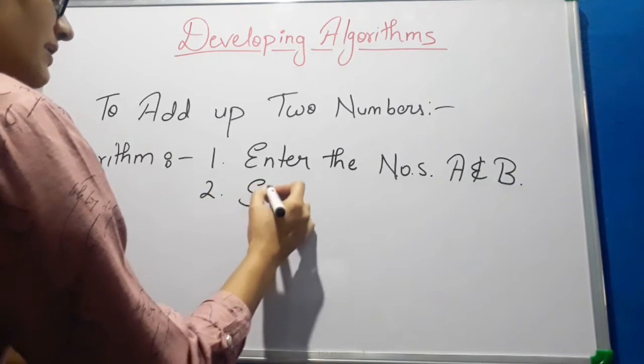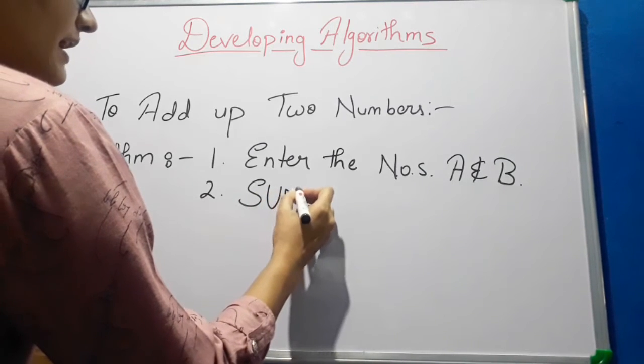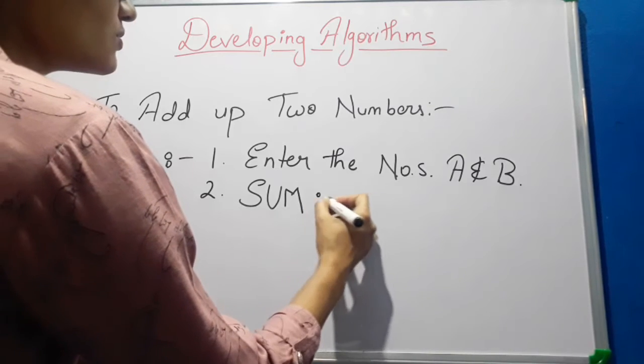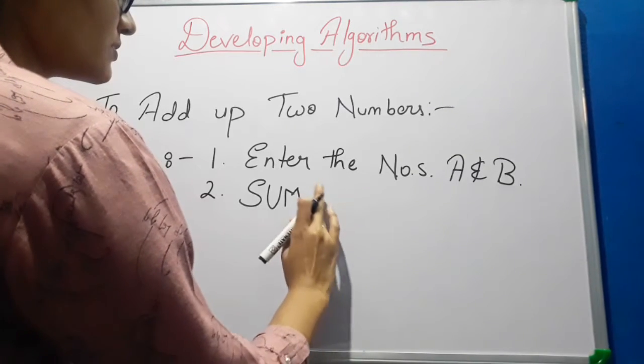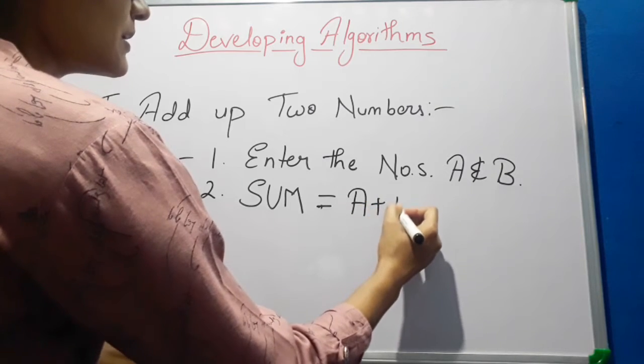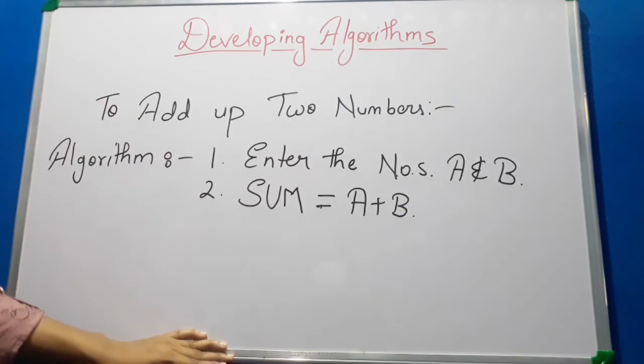So take one digit or any alphabet, like I have taken sum is equals to A plus B. This is step 2.